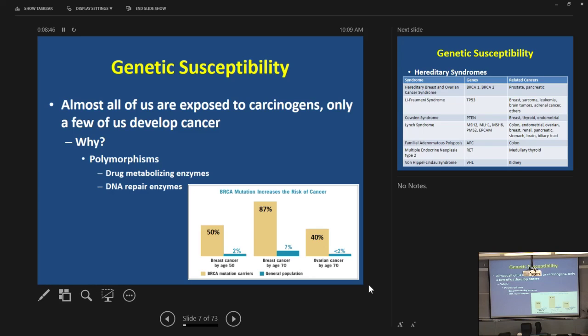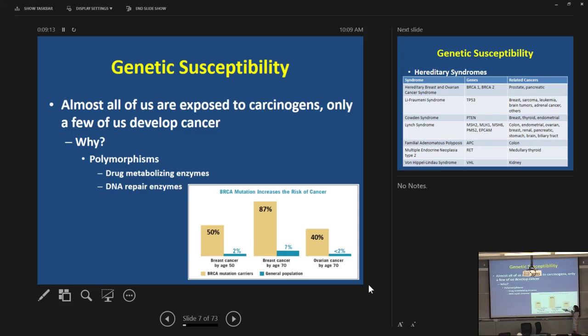Okay, so is BRCA a gain of function or a loss of function? It's a loss of function, right? Because it's a tumor suppressor. All right, so here this is looking at BRCA carriers versus the general population, right? So we can see BRCA carriers are in this yellow. Is that yellow to you guys? What color is that? Okay, and then blue.